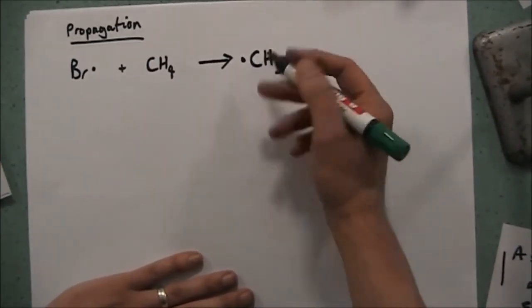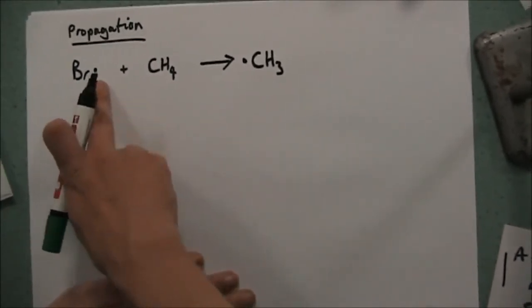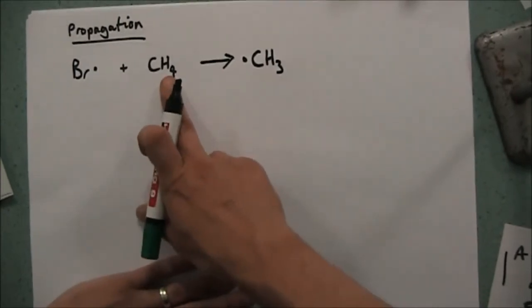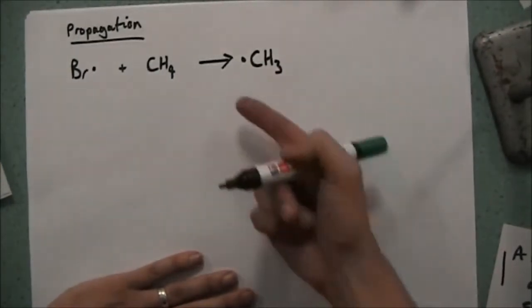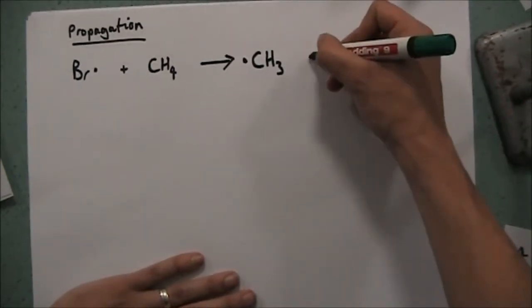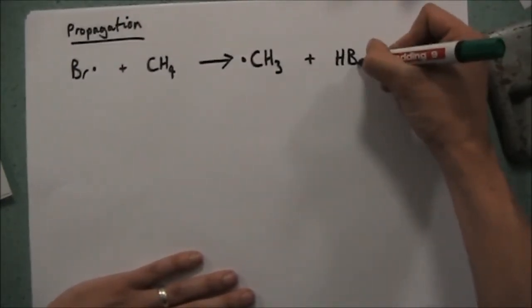One of its hydrogens has been ripped off to satisfy this insatiable need for this extra electron that this bromine has. It's going to basically poach the hydrogen from the methane molecule, leaving it with an unpaired electron. It's now unstable itself. But the bromine is now happily in a covalent molecule of HBr.